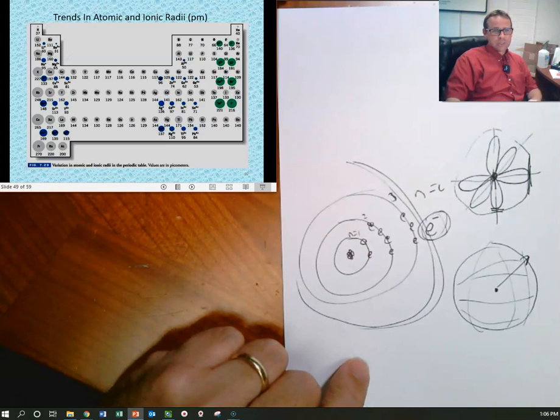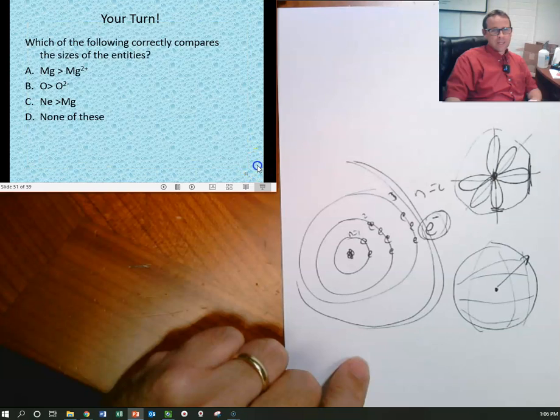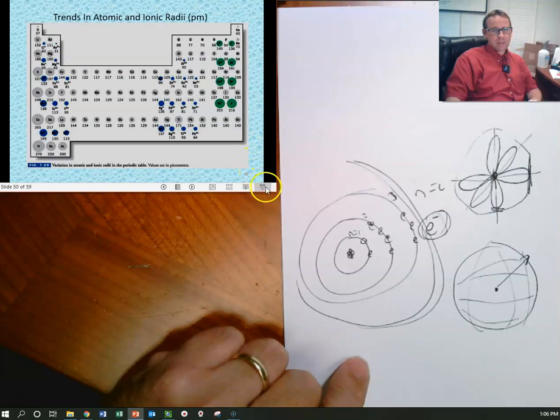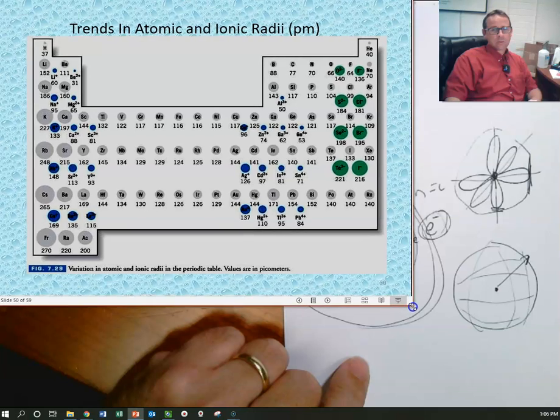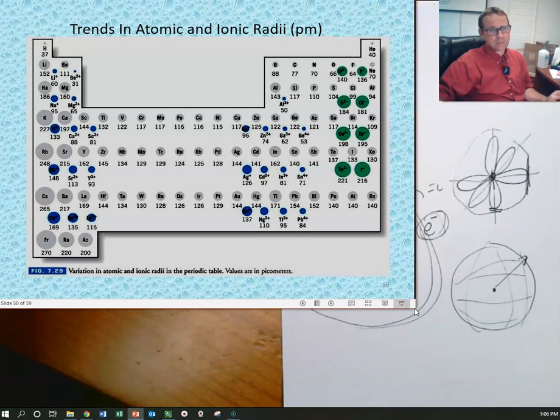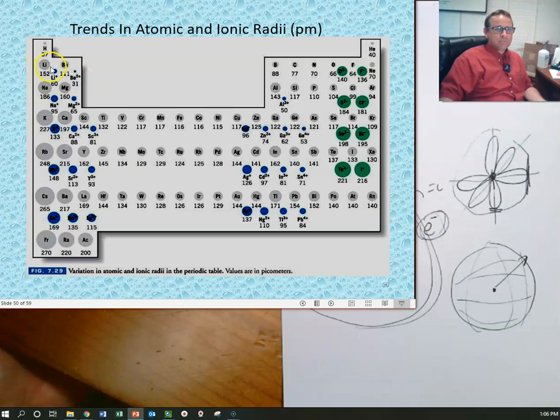And so the result is the size of atoms follows these trends here as shown. If we look at lithium and move down to sodium, potassium, rubidium, and so forth, we shouldn't necessarily be surprised that sodium is larger than lithium.